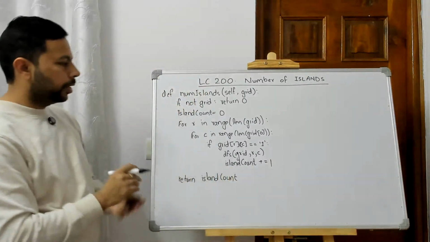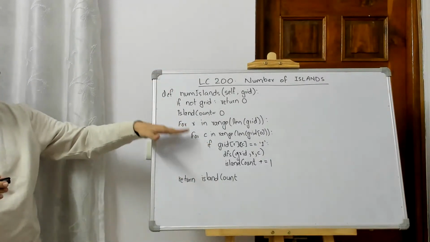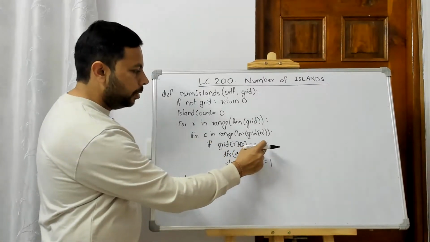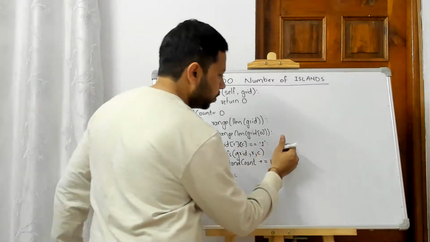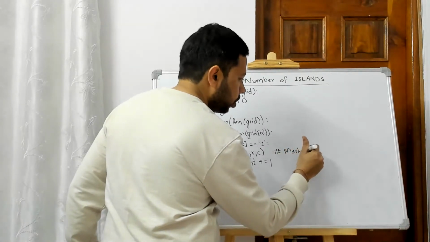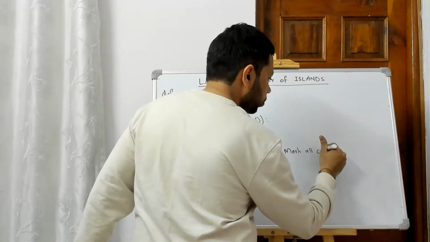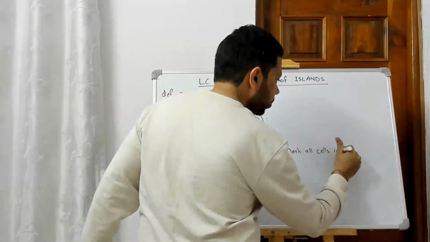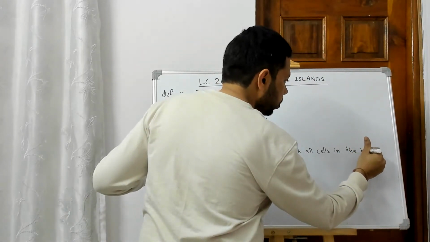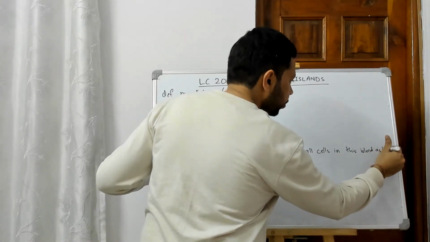So what am I doing here? I have some grid, and I go over the grid, and if I come to a cell which has land, I do a DFS. What this means is mark all cells in this island as hash.